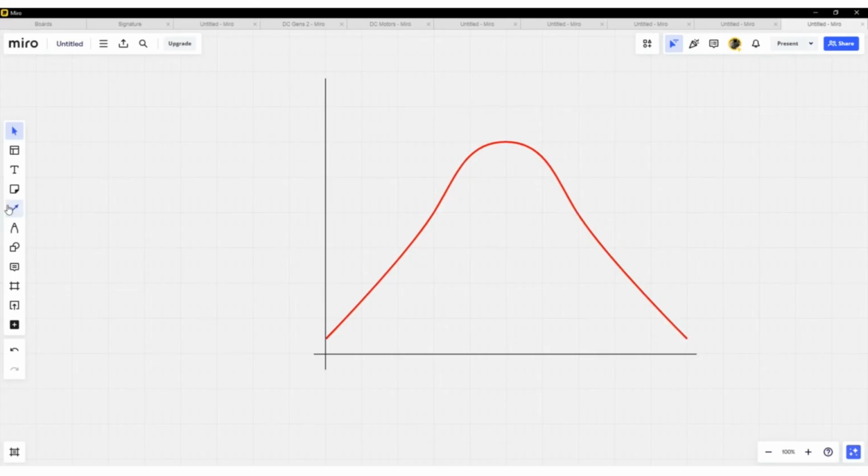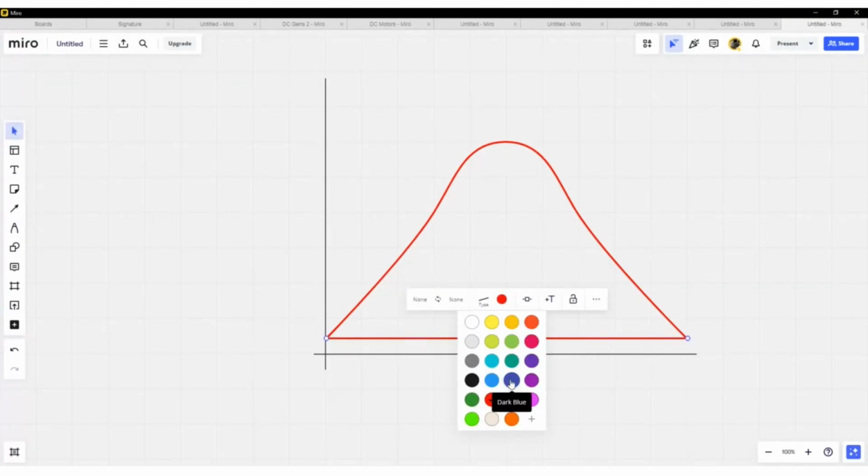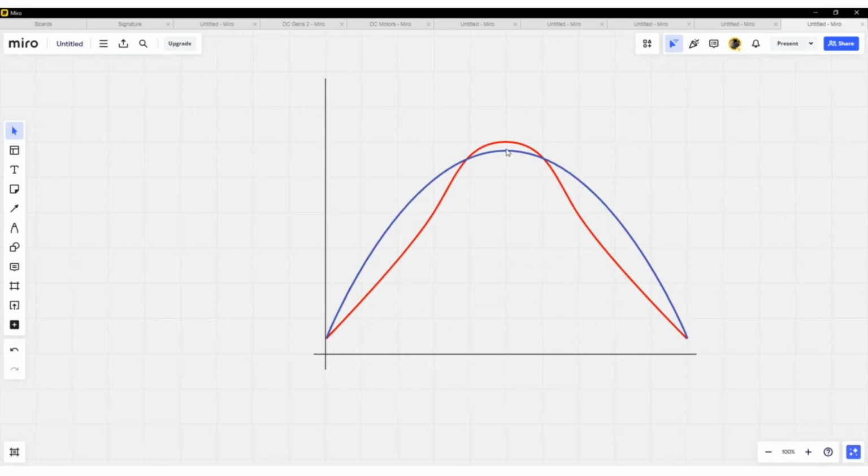Okay, and then let's put in another one. We make this one blue. And let's maybe make it the same amplitude.